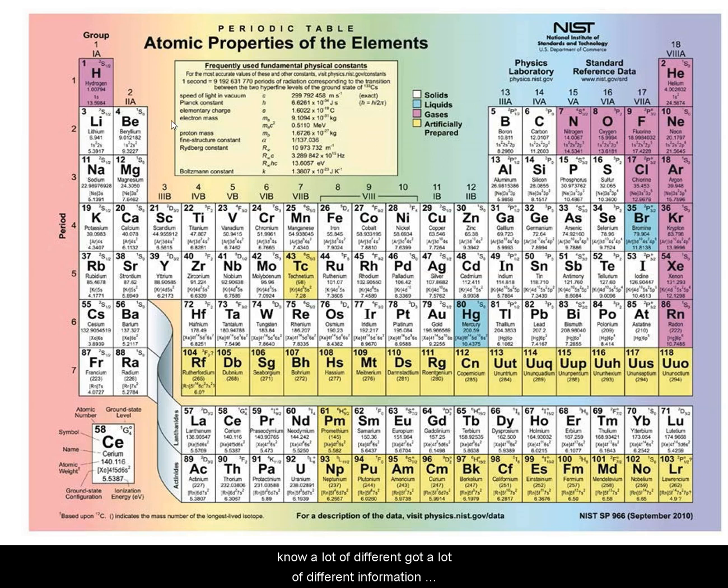A lot of different information here that we're not concerned with in this class. The most important thing you need to remember is the atomic number. Sometimes it's here and sometimes it's centered. The element symbol, the element's name, and the average atomic mass.